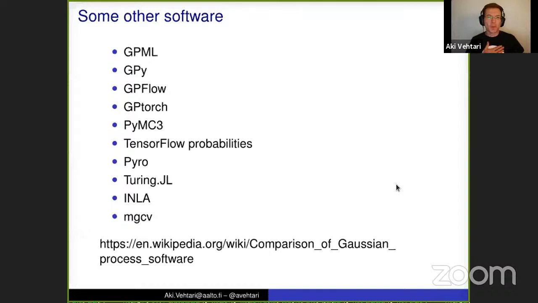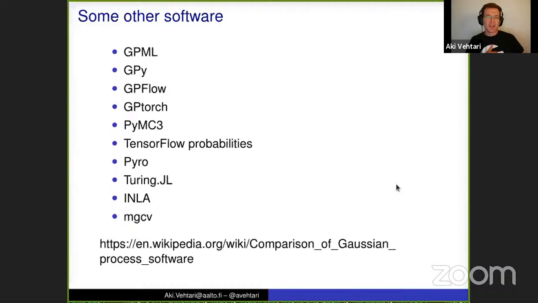GPy, you have been presented. I had to talk about GPy and GPflow, GPyTorch, kind of ancestors of GPy. PyMC3, TensorFlow Probability, Pyro, Turing are probabilistic programming frameworks in general, belonging to the same group as Stan.